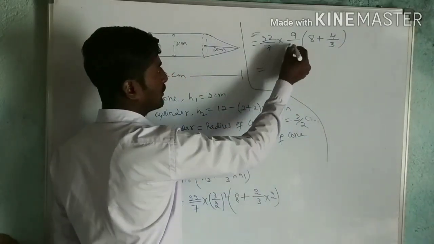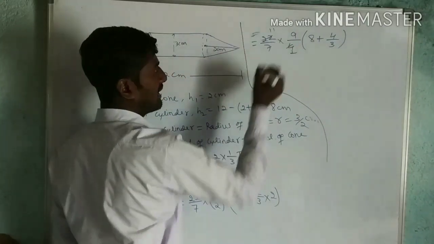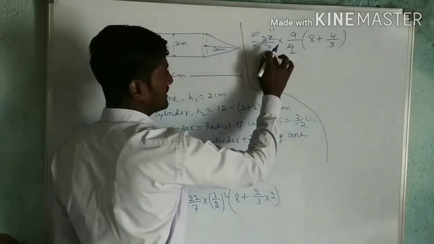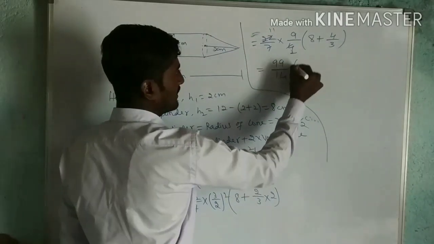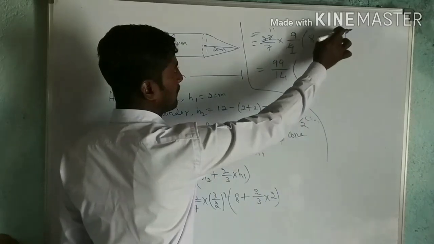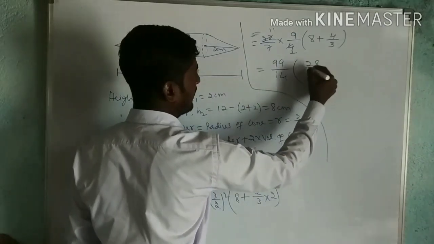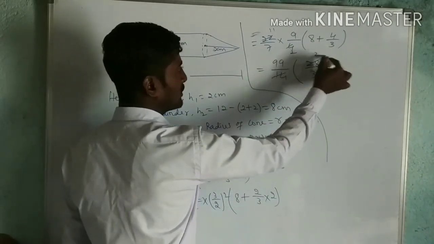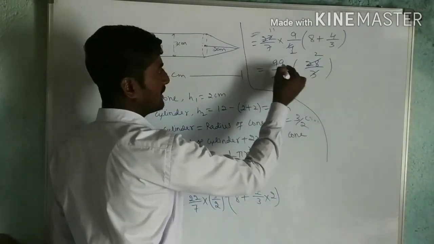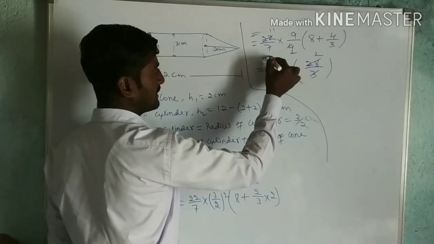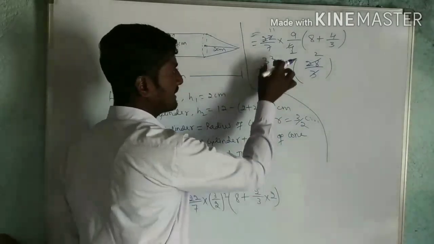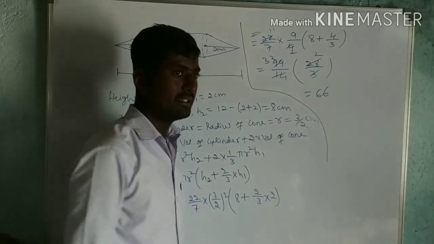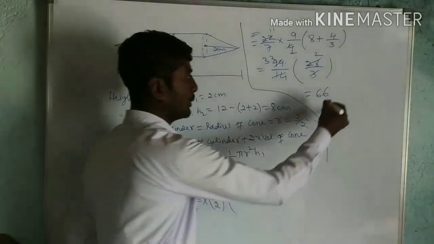So this equals: 2 twos are 2, 11 nines are 99, 7 twos are 14. Here 8 threes are 24 plus 4, that is 28 divided by 3. 14 ones are 14, twos are, 3 ones are 3, threes are. So remaining is 33 into 2, which is 66. The unit is centimeter cube.